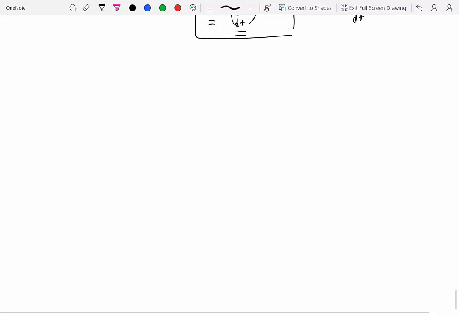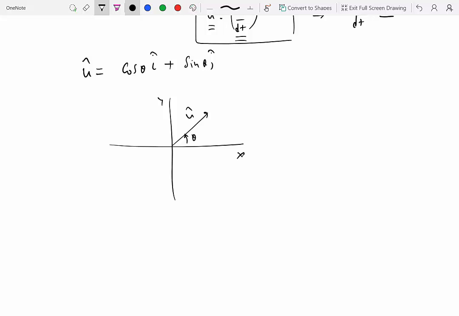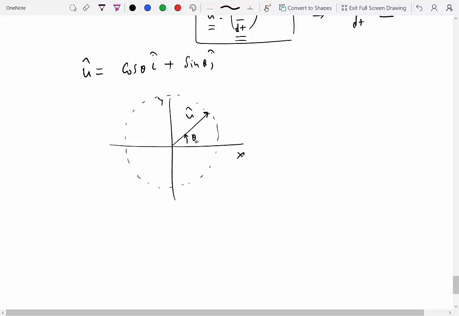So let's get that. If you have a unit vector, we know that a unit vector can be written as, let's say, cosine theta i hat plus sine theta j hat, where graphically I will show this unit vector as making angle theta from the x-axis. And clearly, the only thing that is changing about u hat is theta, its orientation. So essentially the tip of this unit vector will be moving along a unit circle at all times.